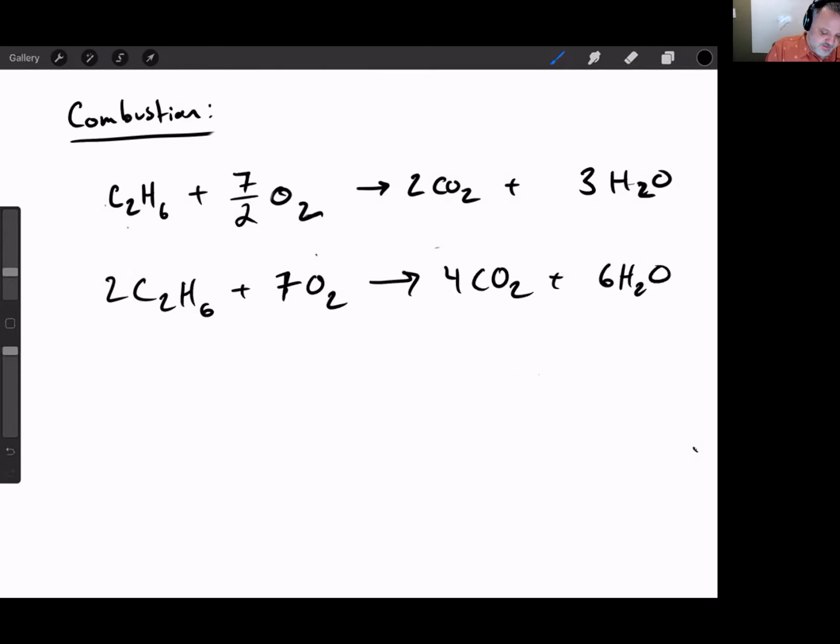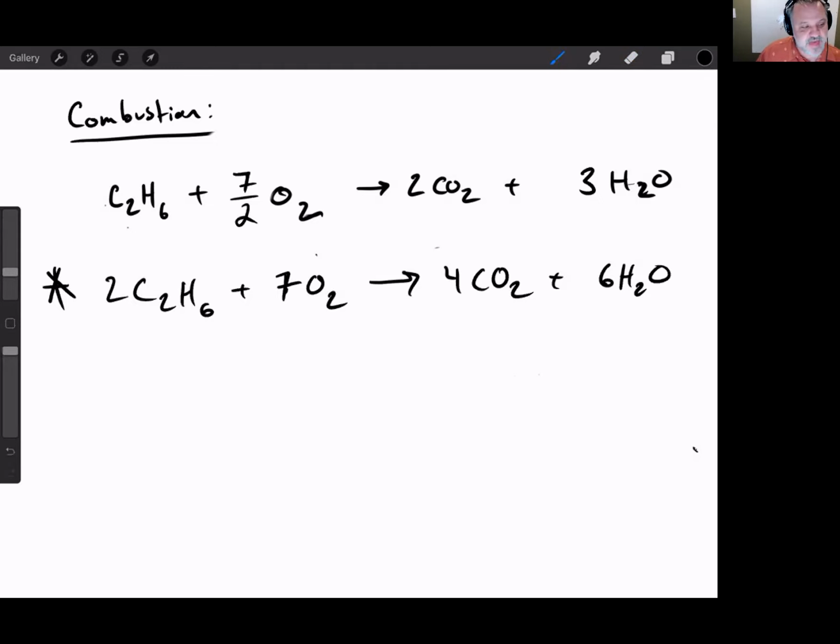I can say in the equation that I have starred, the one at the bottom, I can say 2 different ways. 2 molecules of C2H6 gets together with 7 molecules of O2 to produce 4 molecules of CO2 and 6 molecules of water. I can also say 2 moles of C2H6 reacts with 7 moles of O2 to produce 4 moles of CO2 and 6 moles of water.